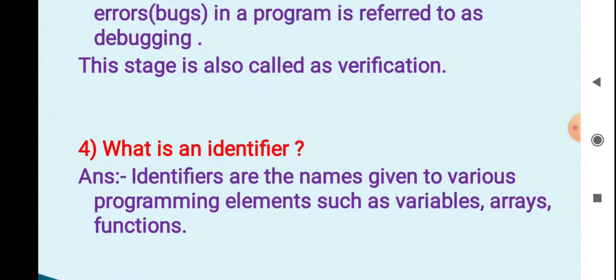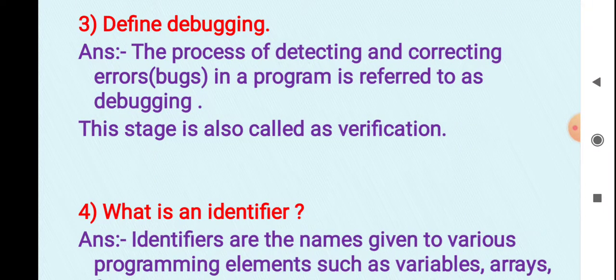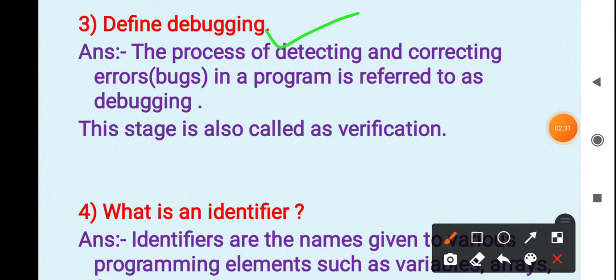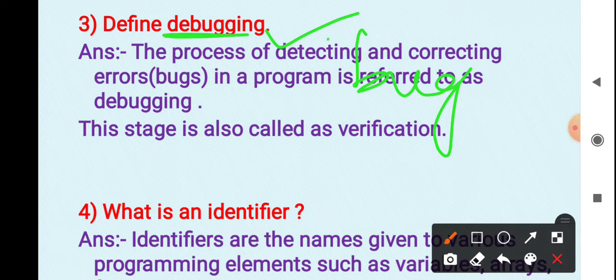What do you mean by debugging, or define debugging? It is a question which comes from the problem solving methodologies chapter. Bug means error. So what do we have to define here? Debugging means we detect and correct the errors in the program.